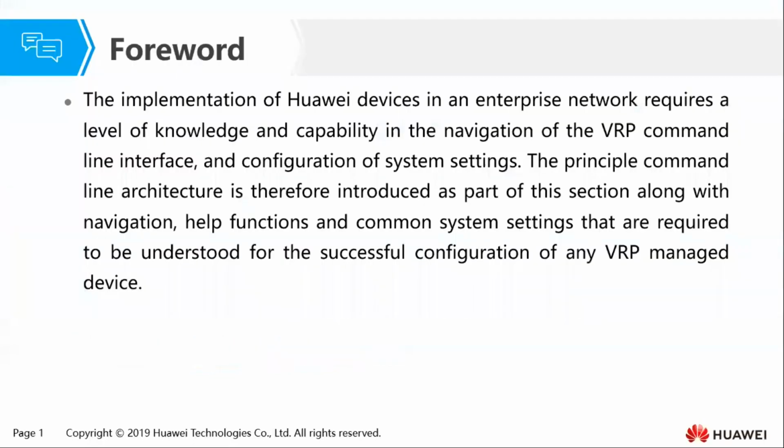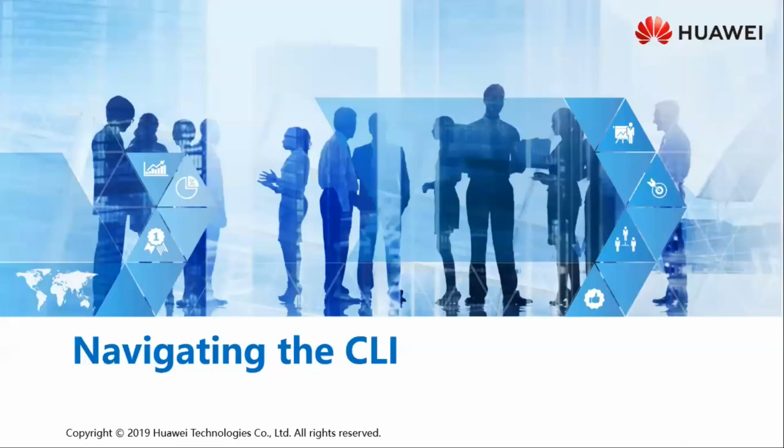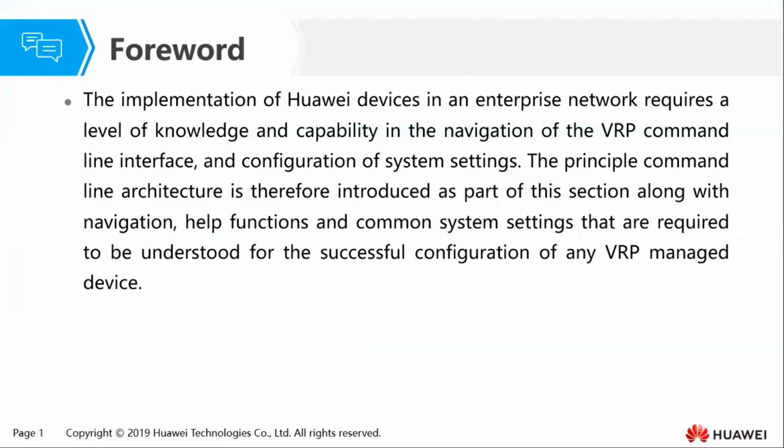So the implementation of Huawei devices in an enterprise network requires a level of knowledge and capability in the navigation of the VRP command line interface and configuration of system settings. So the principal command line architecture is introduced as part of this section, along with navigation, help functions, and common system settings that are required to be understood for the successful configuration of a VRP managed device.